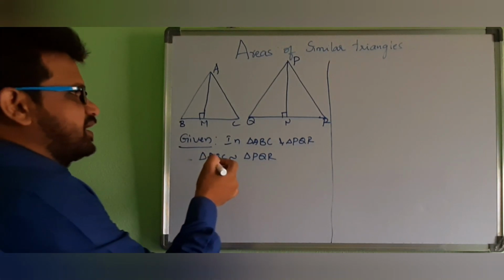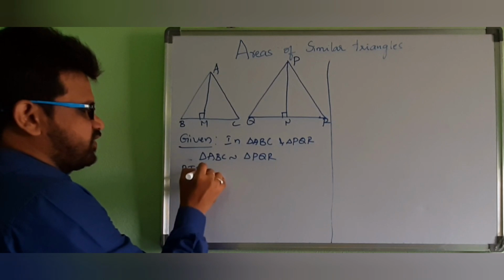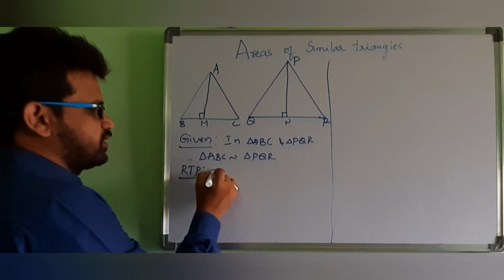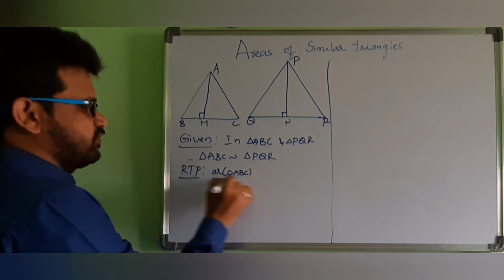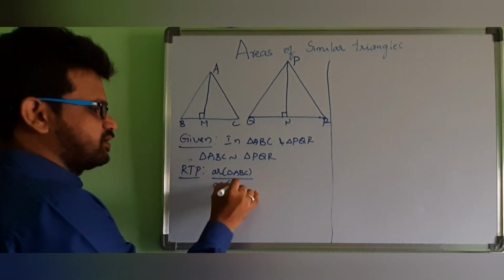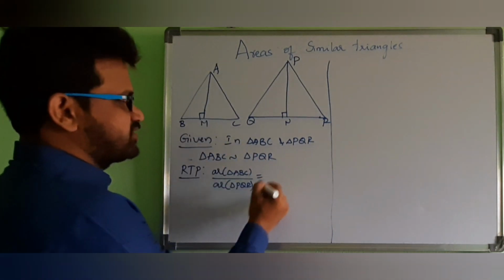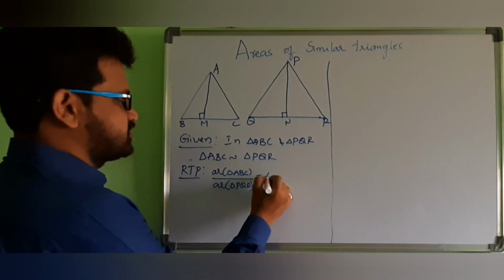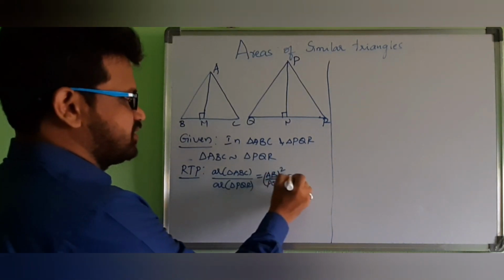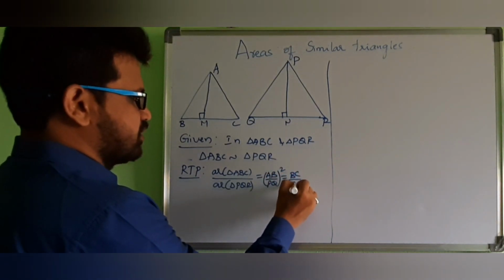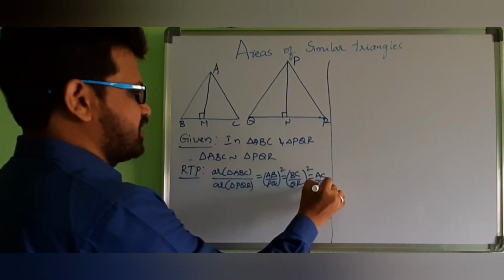And what do we have to prove here? We have to prove that area of triangle ABC divided by area of triangle PQR is equal to the ratio of the squares of their corresponding sides: AB by PQ whole square is equal to BC by QR whole square is equal to AC by PR whole square.